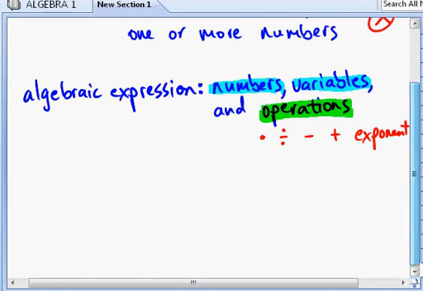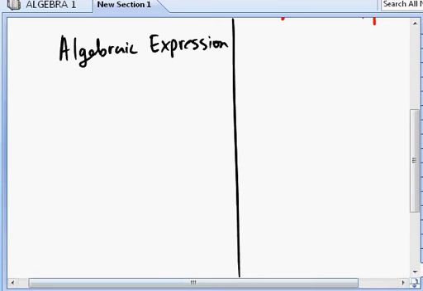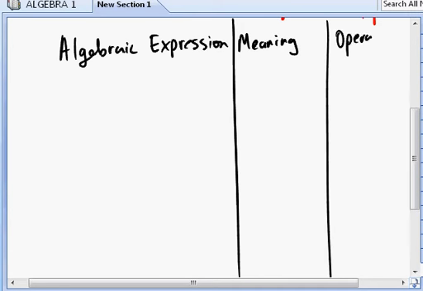Yeah. Okay, so let's copy that. It says algebraic expression is one column. Meaning is the second column. And operation is the third column.